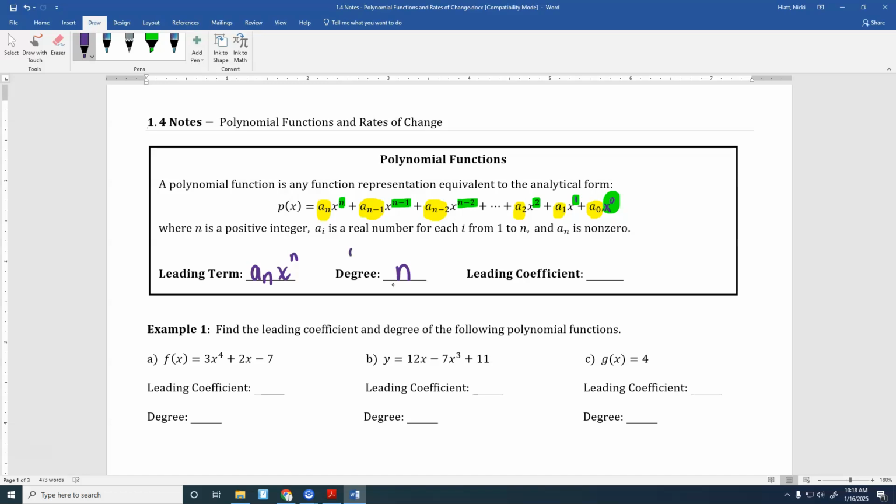So you might even want to write over here, highest exponent. And then the leading coefficient is the coefficient in front of your highest degree term. So that would be a sub n. These are just numbers here.